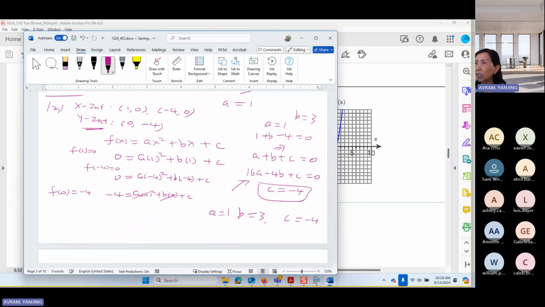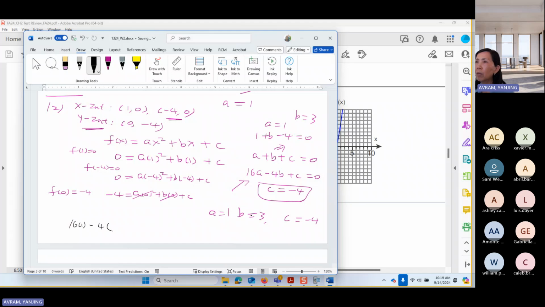We can double check with the second one to see if it's correct. So 16 times 1, let's see, 16 times 1 minus 4.